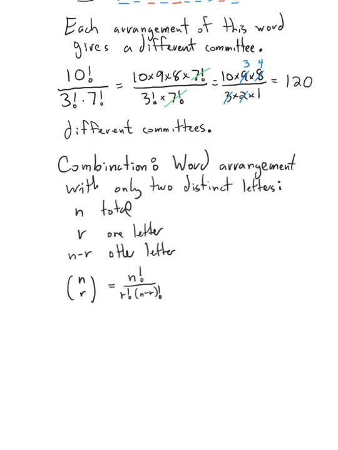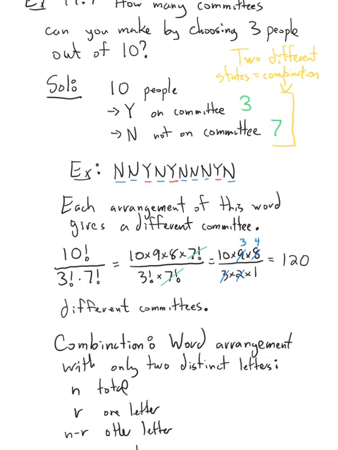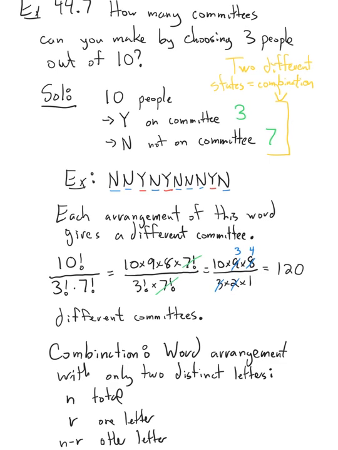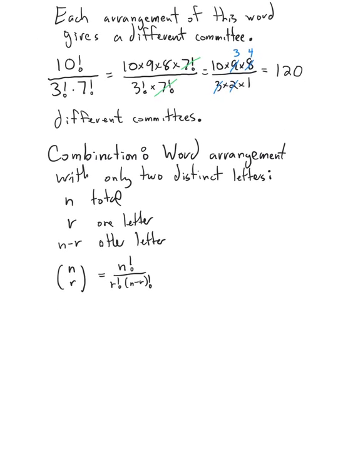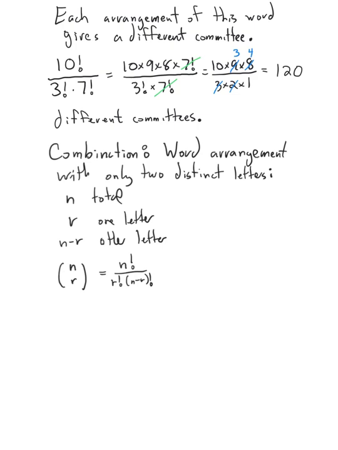And so the way to think about it with the example up here is that you have 10 people in total, and you're choosing 3 of them. So these are all of the people in total. These are the ones you're choosing, the Y's, and these are the ones you're not choosing, the N's.